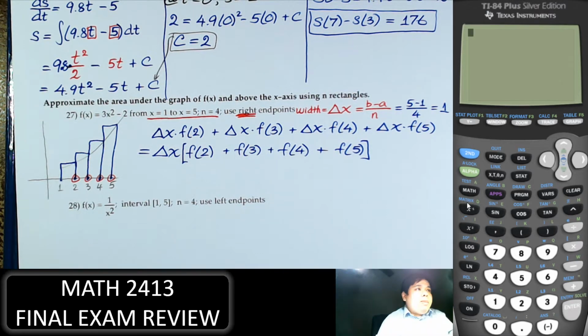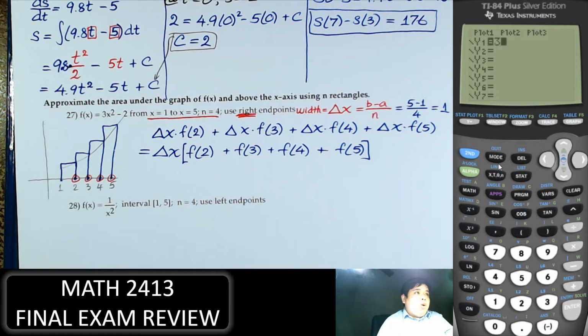Right, and we enter the function 3x squared minus 2, and evaluate at these points. So y1, second parentheses 2, 3, 4, 5, close. So we evaluate the function at 2, 3, 4, and 5.